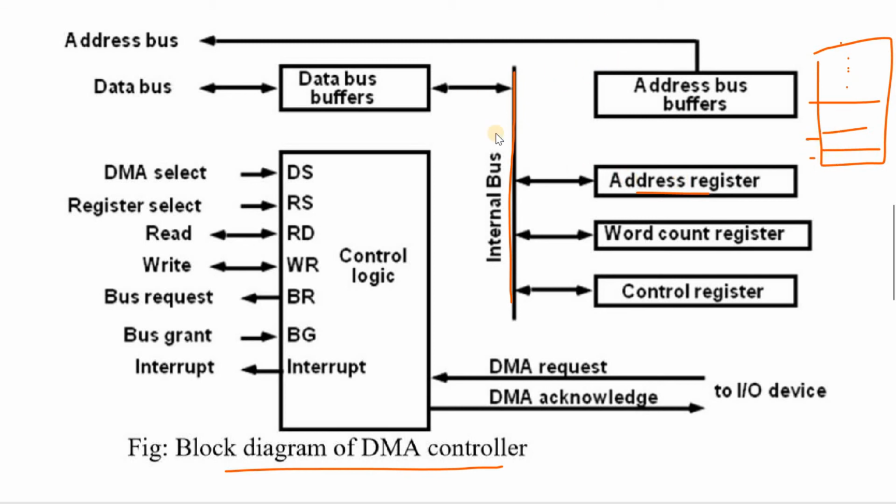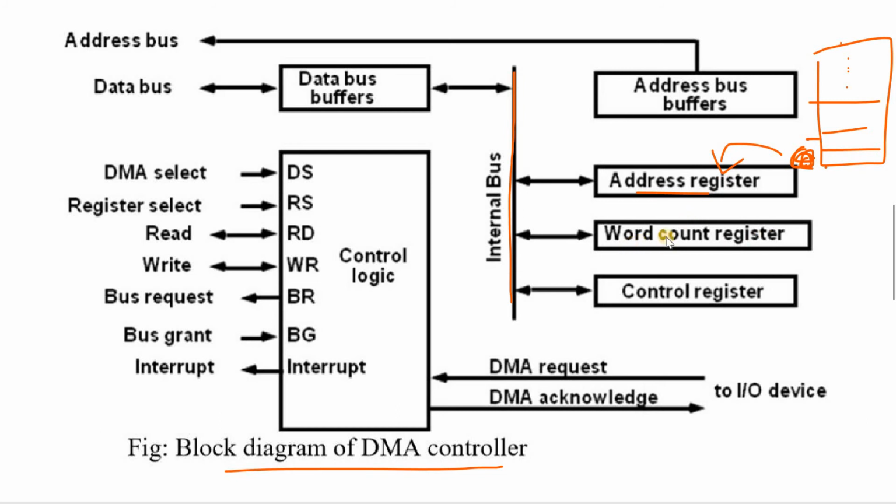Whenever the control is taken by the DMA controller, that means the CPU releases the connections and the control is given to the DMA controller. At that time it will first provide the initial address. That address is stored inside the address register. That means the CPU provides the starting address or initial address of the memory location.